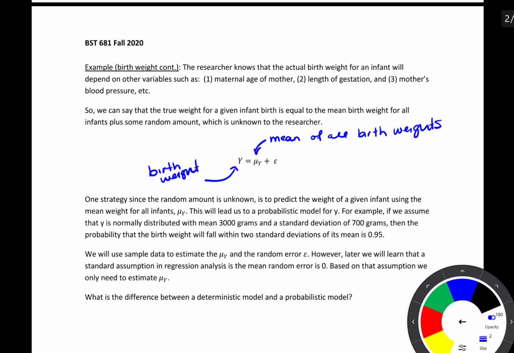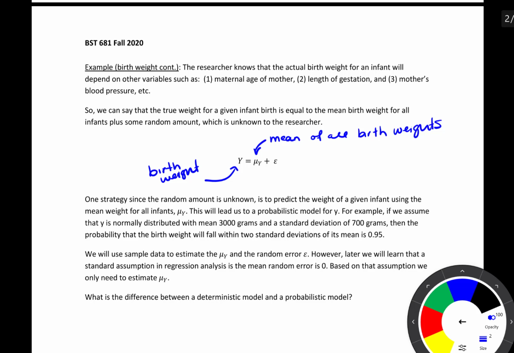And we know that each time a baby is weighed, we could compare that weight to the mean of all birth weights, and each individual is either going to fall some below or some above the mean. And so that difference for each individual's weight compared to the mean, we can consider that difference to be some random amount.